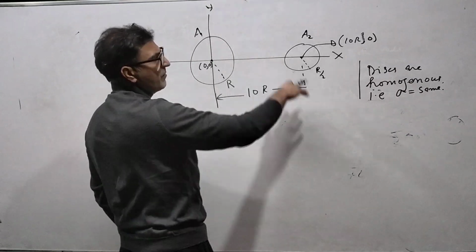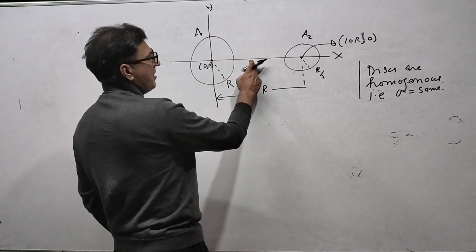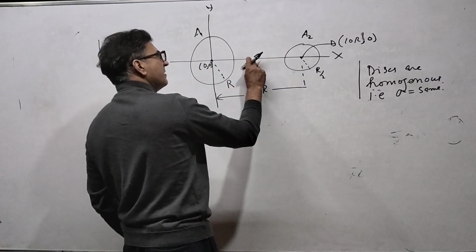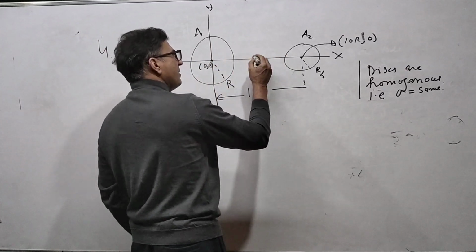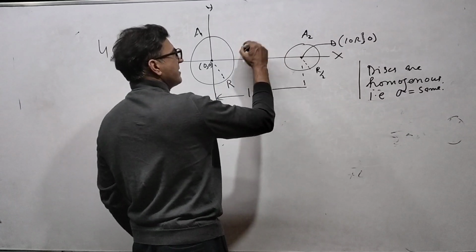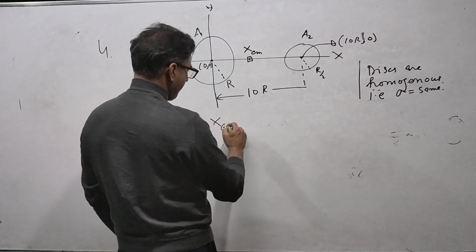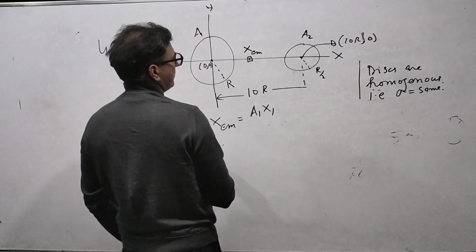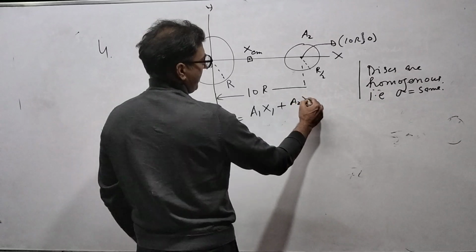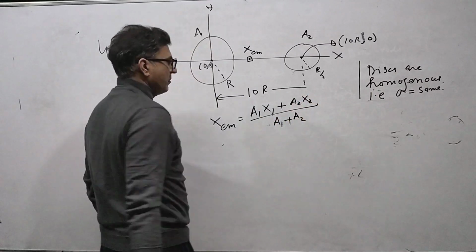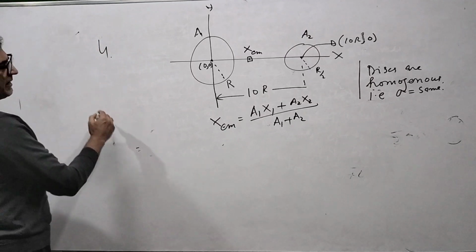So we don't need to find the y coordinate. The center of mass will lie on this line, maybe here. So it will have XCM only. YCM is 0. So what is the XCM? That is A1 x1 plus A2 x2 by A1 plus A2. That is the rule.